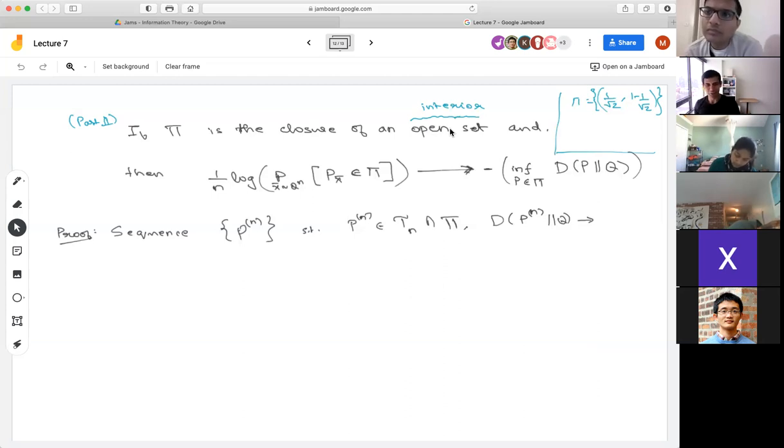If you want an even nicer conclusion, that not only is it equal to this minimum KL divergence, but in fact this value is attained and there is some minimizer P star which minimizes the KL divergence of P with respect to Q, and this P star exists in the set, then you need to add more conditions. Maybe if pi is compact or something, then you'll have this. I'm not stating that. But at least for the lower bound, we will need some additional guarantees. I just want to mention that because of this weird counterexample with irrational probabilities, which just cannot happen. So let's say that it's basically an open set, if you want to think of it that way.